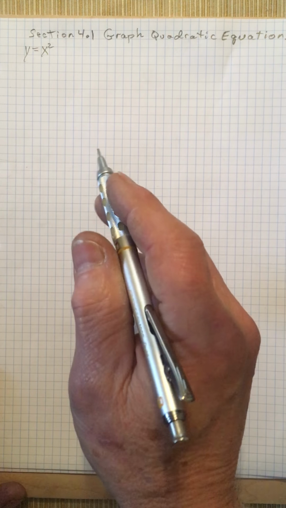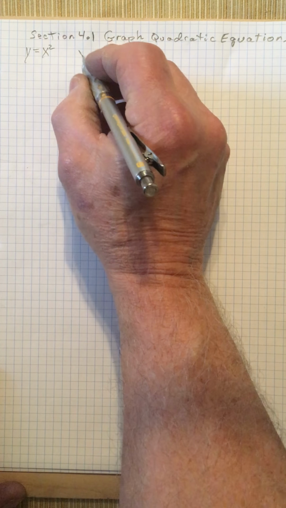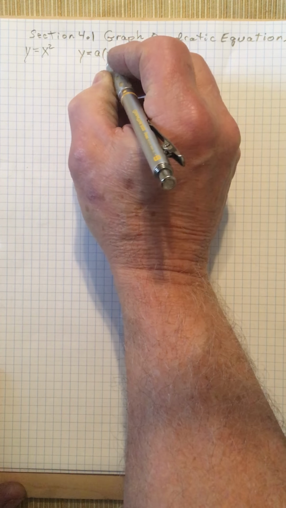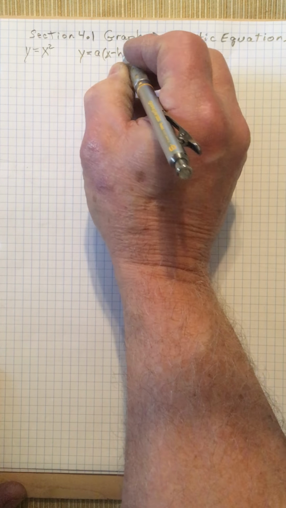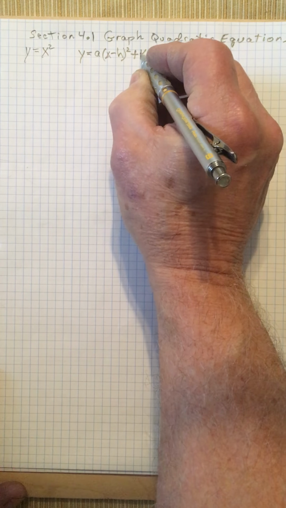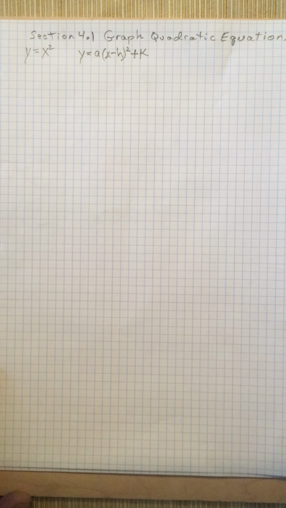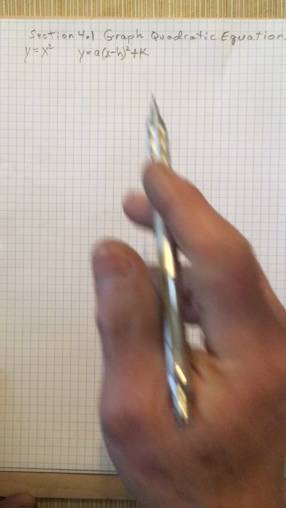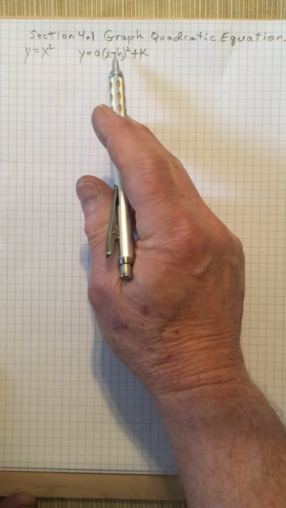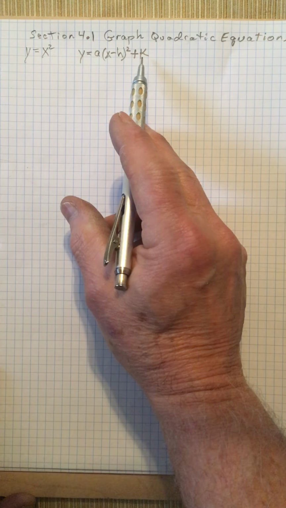So the problem with this is we need this form here. Our quadratic equation has to look like that so that we can apply the horizontal shift, the stretch or compress, and then finally the vertical shift.